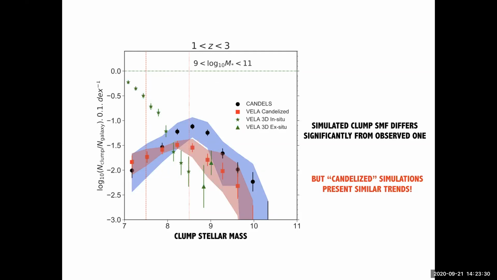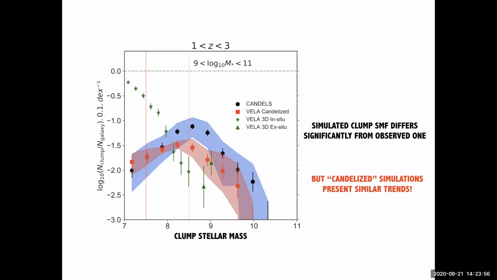Then the other question is, in theory, you could have several different models like Vela with different slopes, CANDELize all of them, and see if the CANDELS observations rule some out. Exactly. The problem is, as I said at the beginning, you don't have many zoom-in simulations with the resolution of Vela. You could use FIRE, that would be one. But this is a good point.